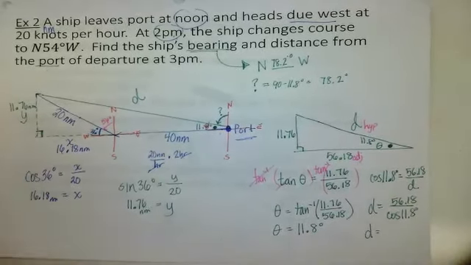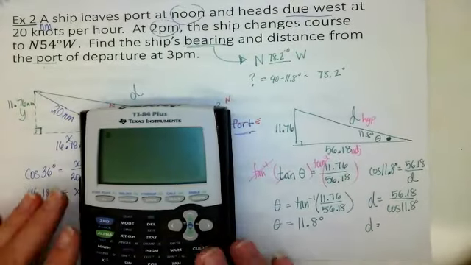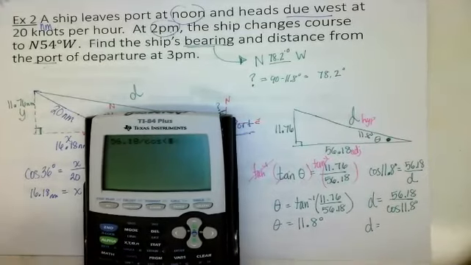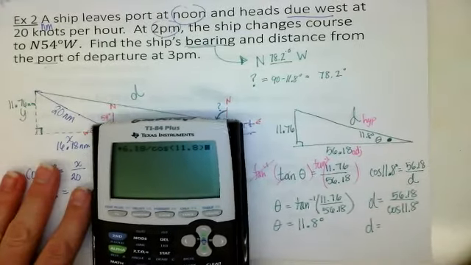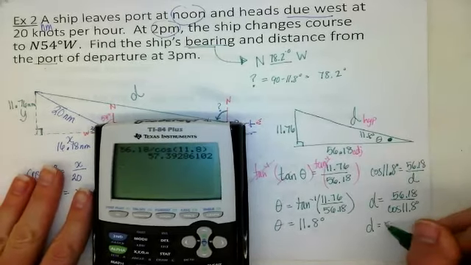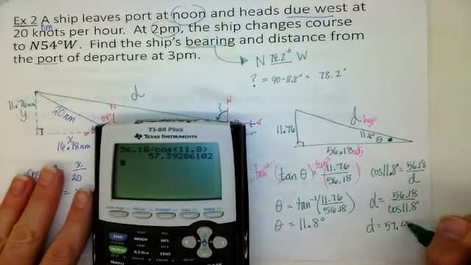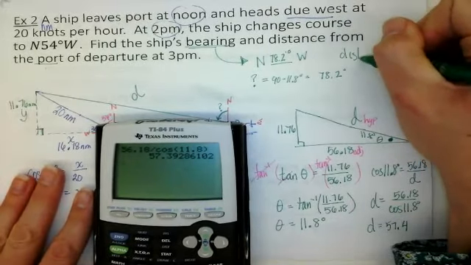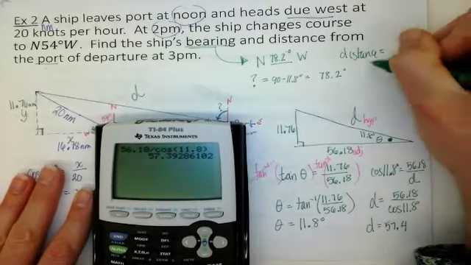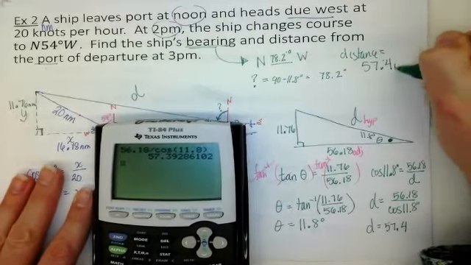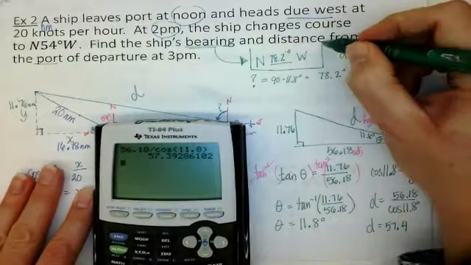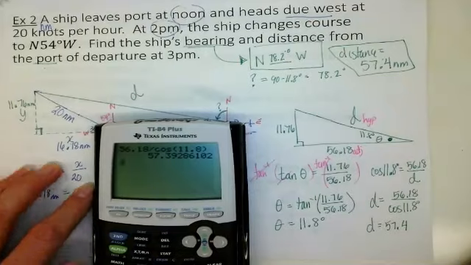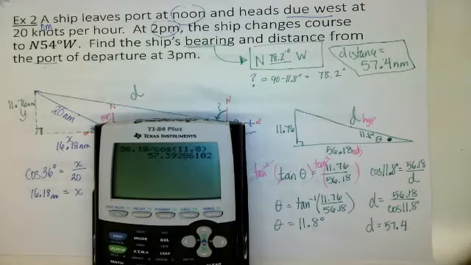Let's see what that is. And I get a distance of 57.39, which I'm just going to round up to 57.4 nautical miles. A bearing of north 78.2 degrees west, and a distance of 57.4 nautical miles from port.